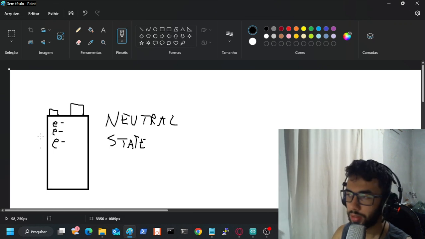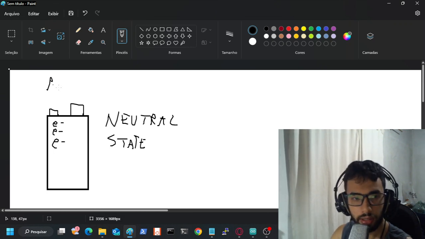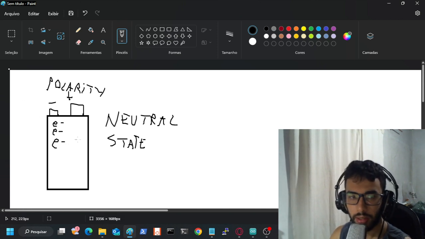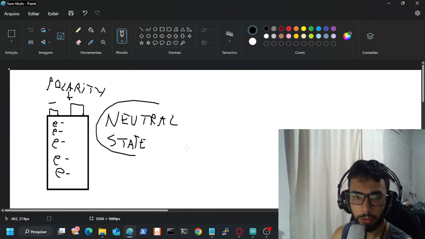So we can't change this polarity here. We can't change minus to plus and vice versa, because these electrons here are in a neutral state.